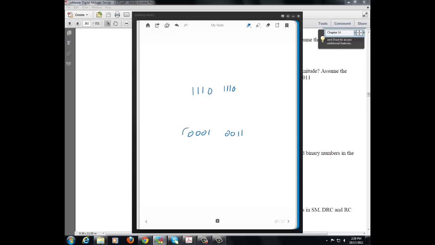We note that this is a positive number and this is a negative number. In this positive number, the magnitude is 3 plus 16, which is 19. This is a positive 19. In this number, we know it's negative. How do we find out what the magnitude is? We copy down the bits until we reach the first one and then flip.